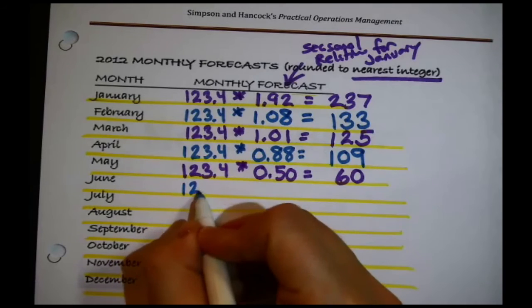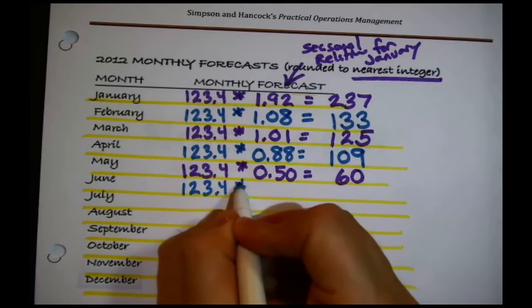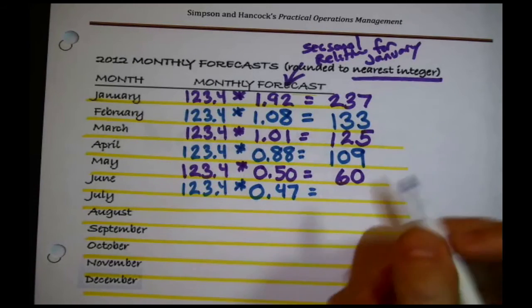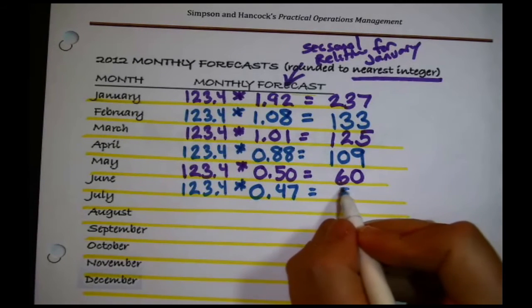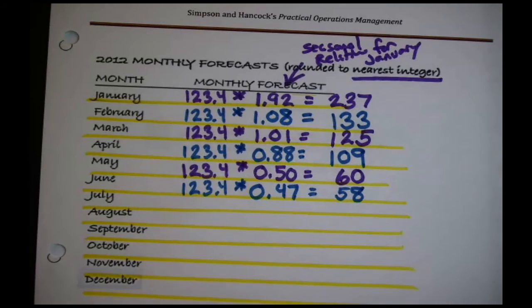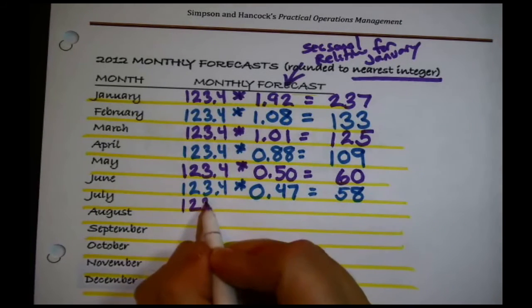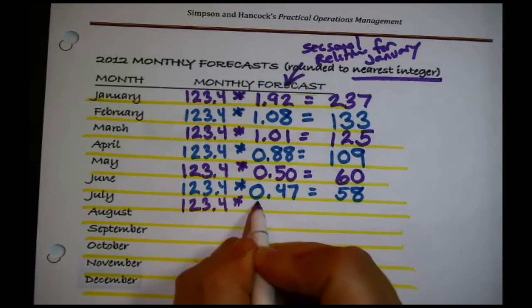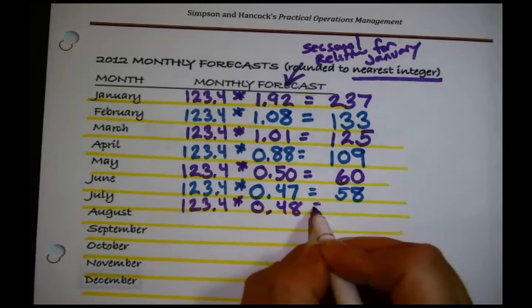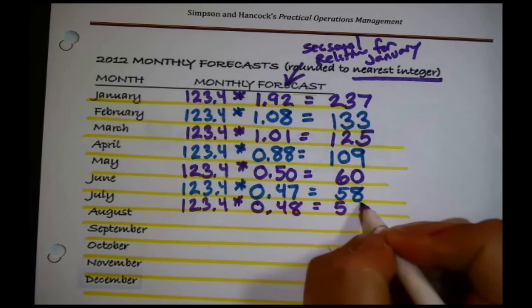For June, 123.4 times 0.47 was the relative for June, so even fewer in our forecast, well, slightly fewer, 58. For July, 123.4 times the relative for July was 0.48, so we will forecast 59.